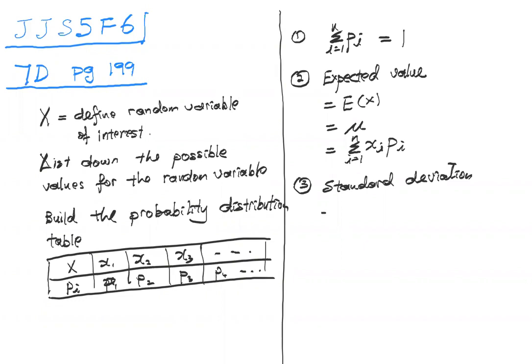That is equal to the square root of the sum of pi xi squared minus mean squared.